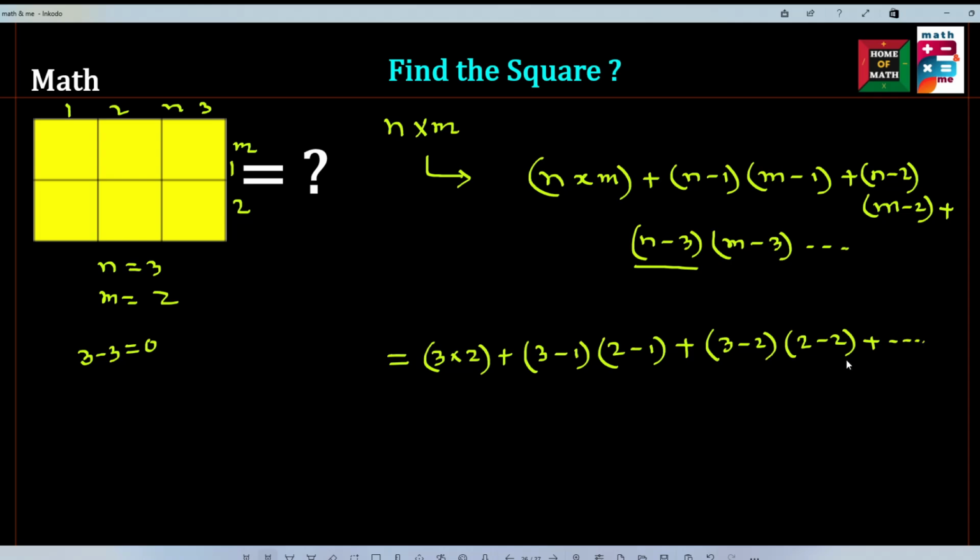No need for more terms, because 2 minus 2 will become 0. So here is 6 plus 2 into 1, plus 0, because 2 minus 2 equals 0, and 0 into 1 equals 0. So our result will be 6 plus 2 equals 8. So the number of squares is 8.